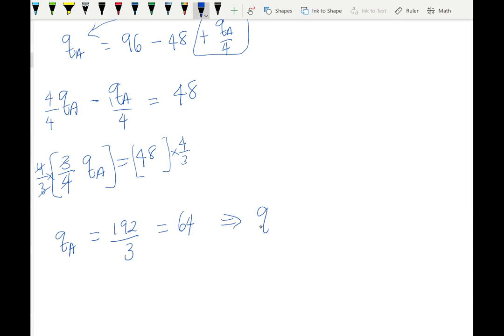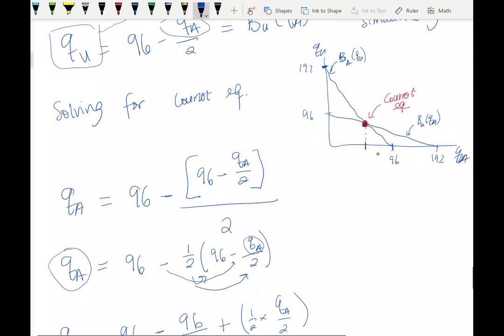Therefore, we have that QA star, our Cournot equilibrium, is 64 units. This is the amount that American produces at equilibrium, the point of stability between these two firms.